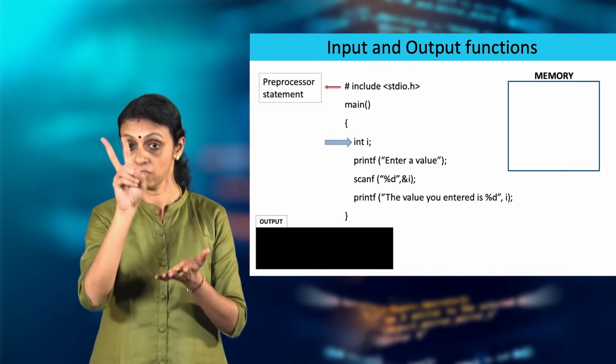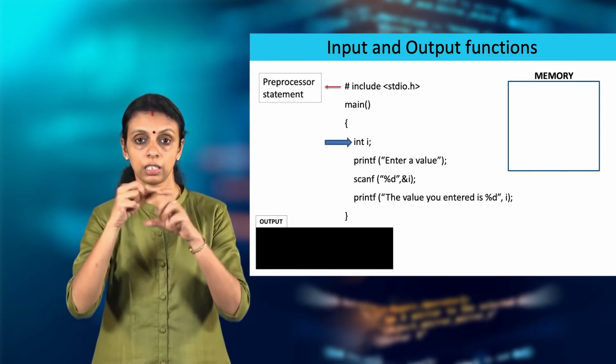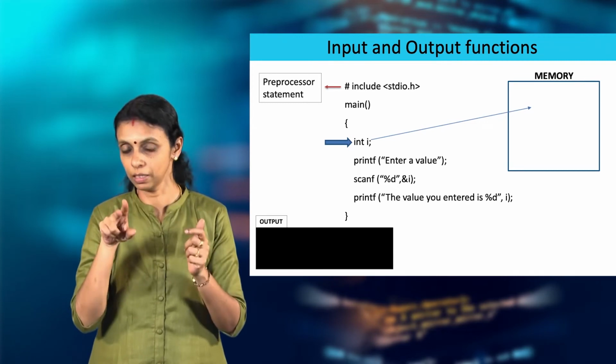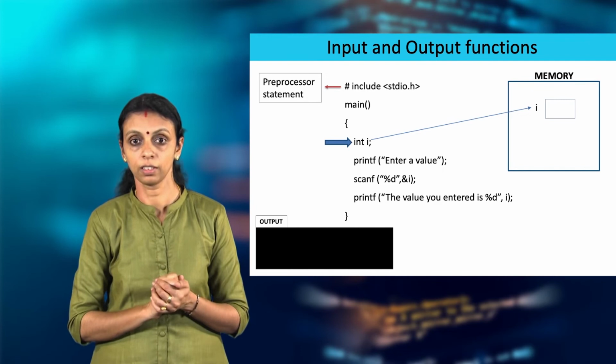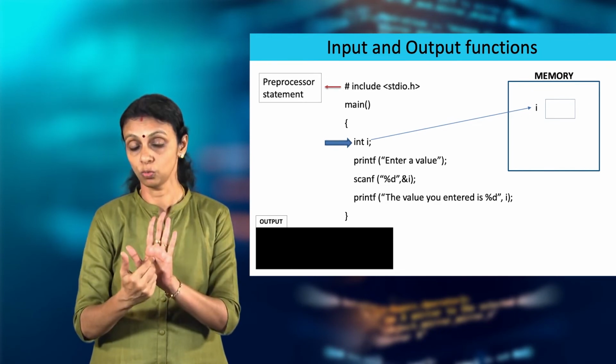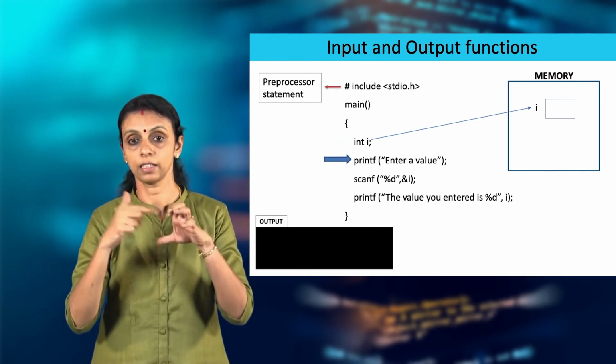I is a variable of data type integer, which means I can store integer values only. This prints the text, enter a value, on the screen.